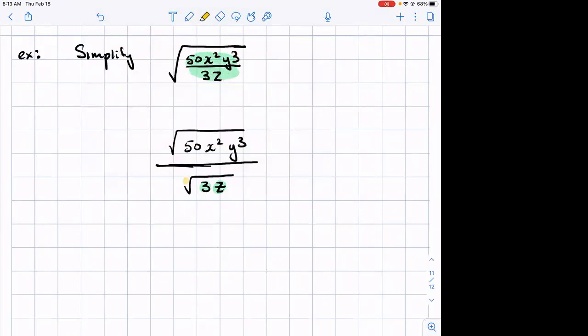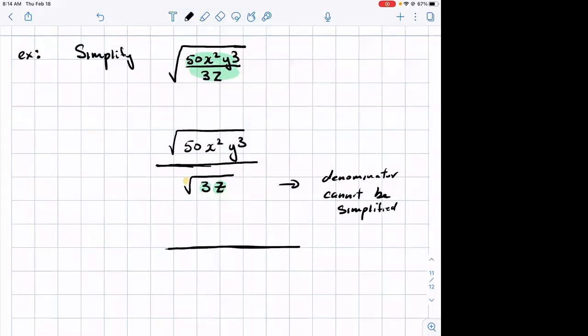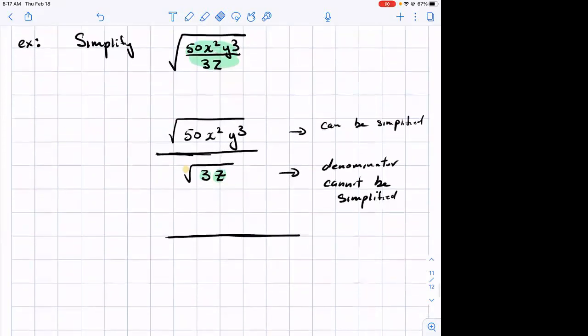But the numerator can, because 50, we can rewrite or simplify the numerator.